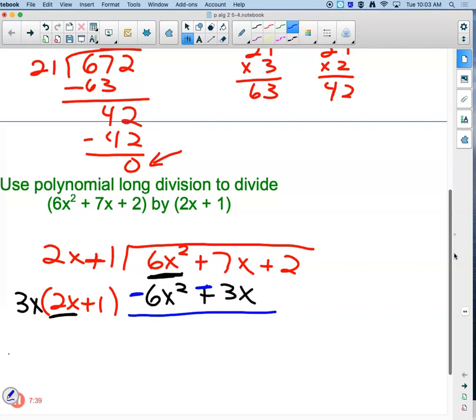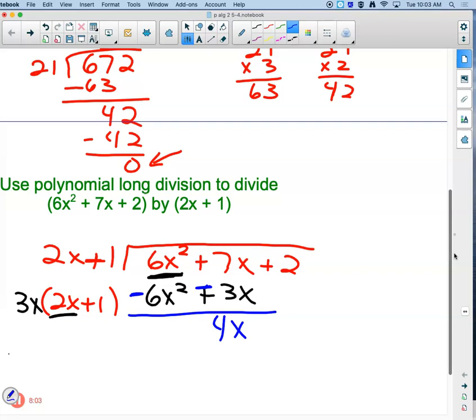So 6x squared plus a negative 6x squared. Yes, I know it looks like subtraction anyway, and that's the good part of it. That'll be 0. And this is where we give ourselves one of these. Yes! Because we did it right. I mean, the first term was all we were trying to get rid of. 7x minus 3x, yeah, we can't help it. That's going to happen. So that'll be 4x.